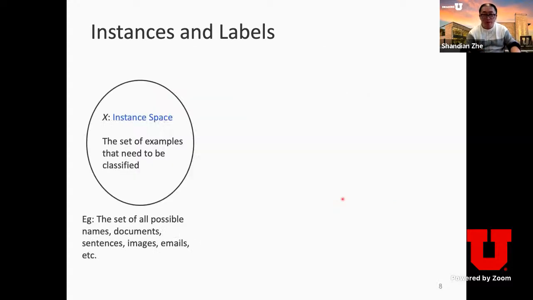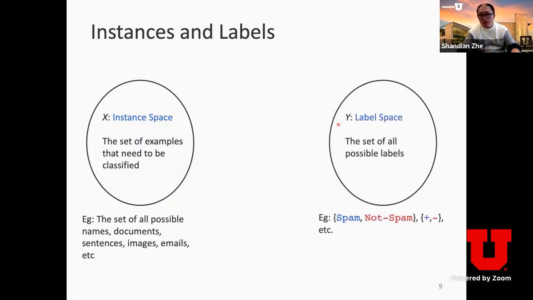So formally, if we want to conduct a supervised learning task, we need to define the so-called instance space, namely the set of examples that need to be classified or predicted, right? And also we need to define a label space, which consists of all possible labels we can predict. Like, for example, if your task is to filter spam emails, right? Then your label space will be just binary, right? Spam or not spam, positive, negative, and etc. Right?